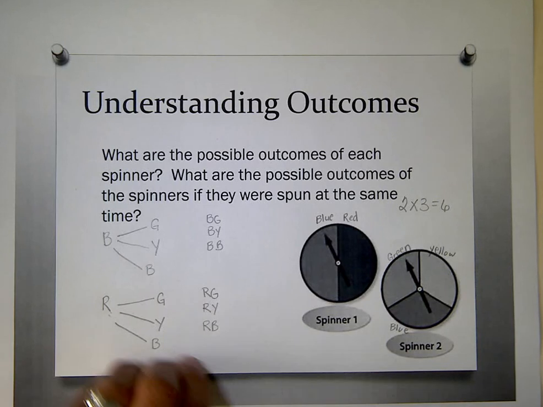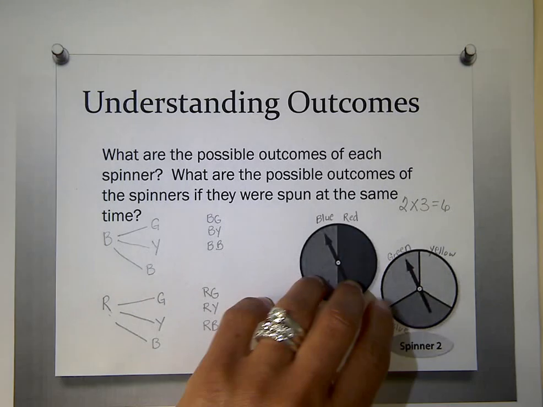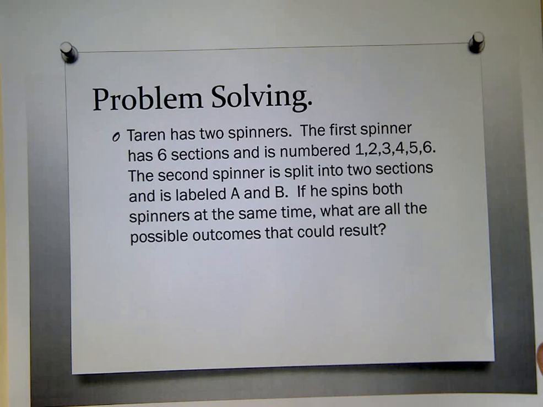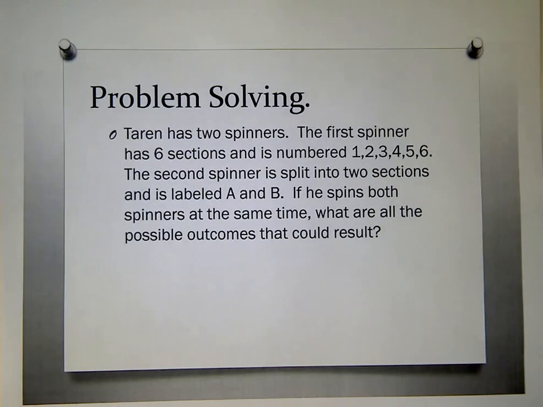Let's look at problem solving. Taryn has two spinners. The first spinner has 6 sections and is numbered 1, 2, 3, 4, 5, 6.